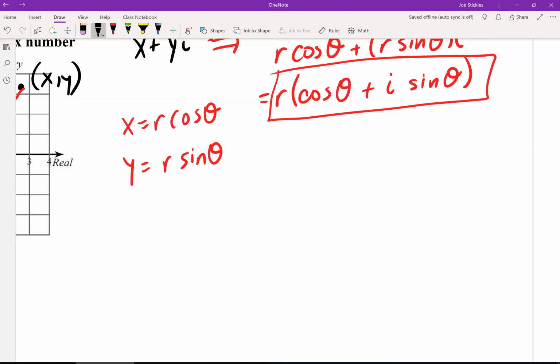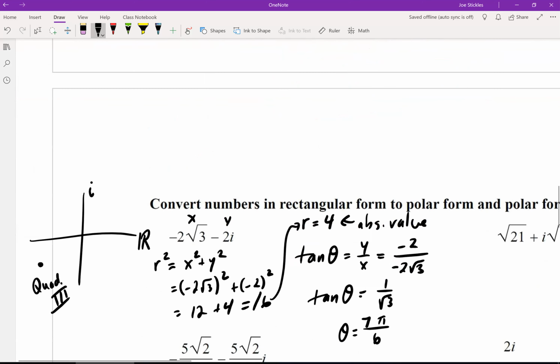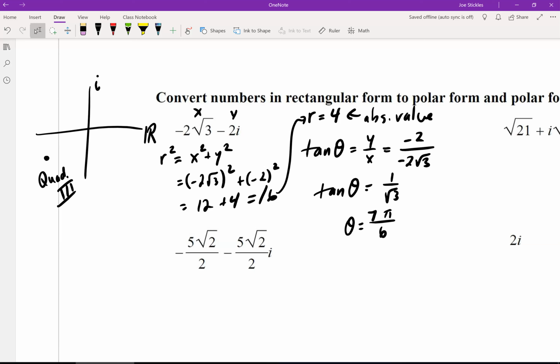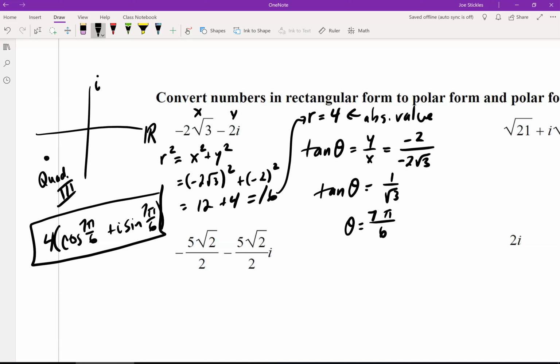And literally, we want the cosine and the sine in the answer. Okay. So when I go back down here, when I write the answer, we'll write it off to the side because I don't have a lot of room here. We will write it as 4 times cosine of 7 pi over 6 plus I sine of 7 pi over 6. And this is the answer. No simplifying. This is the answer.